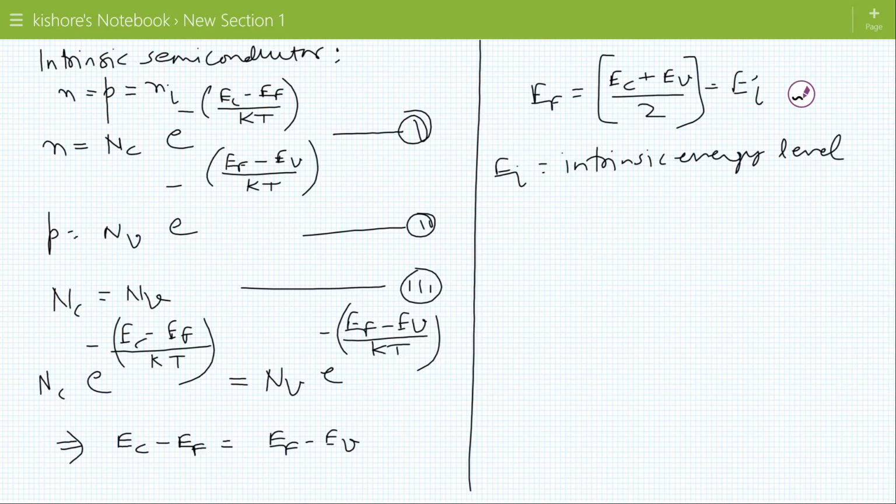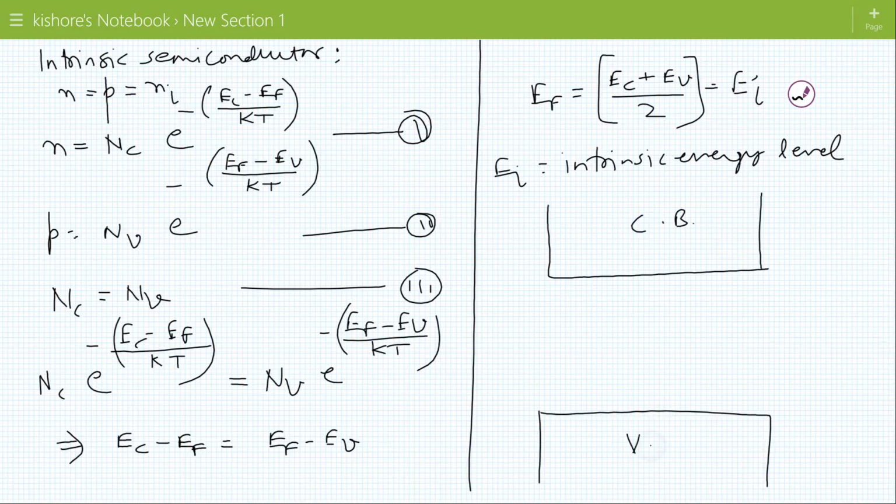So for intrinsic semiconductor, Fermi energy level coincides with intrinsic energy level, and intrinsic energy level lies between or at the center of conduction and valence band. This is conduction band and this one is valence band.